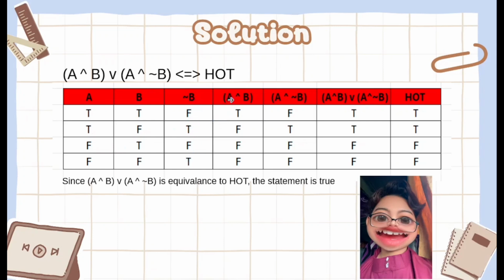A and B, true, false. A and not B, false, true, false. A and B, or A and not B, will be true, false. So the hot water will be dispensed because the output is the same as hot water. Since A and B, or A and not B, is equivalent to hot, the statement is true.